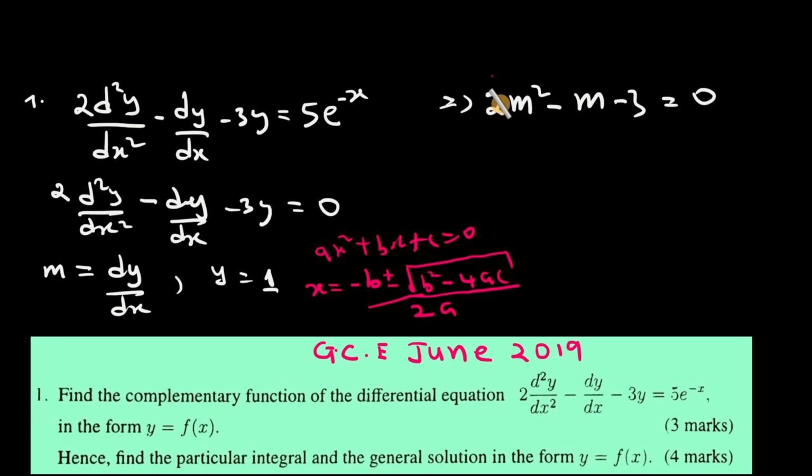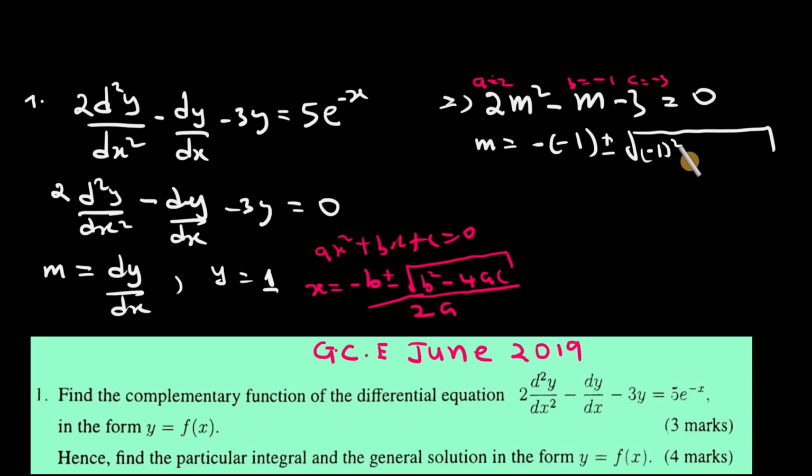Now you see here, a is 2, b is minus 1, and c is equal to minus 3. Then our variable here is m, so m is equal to negative b, that is negative into negative 1, plus or minus square root of b squared, that's negative 1 all squared, minus 4ac, that's 4 times 2 times minus 3, all over 2a, that's 2 times 2.